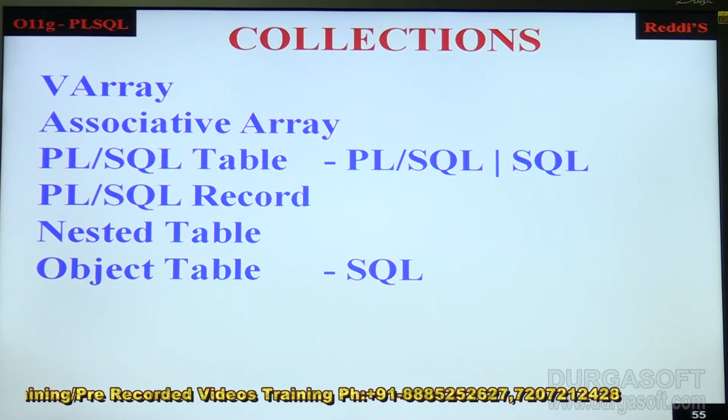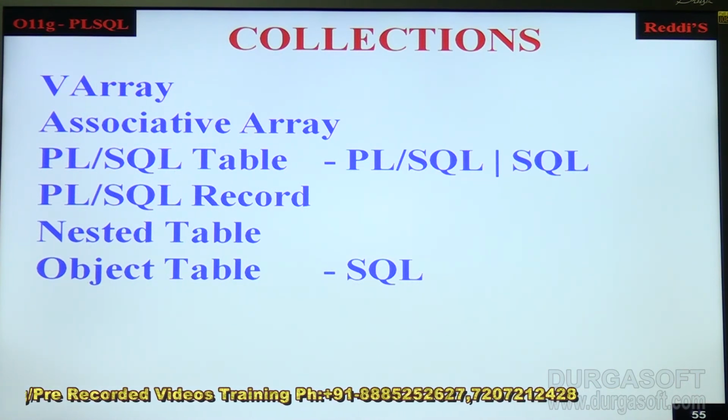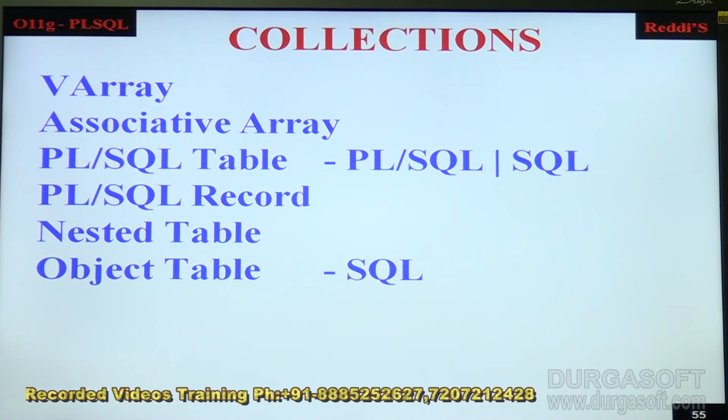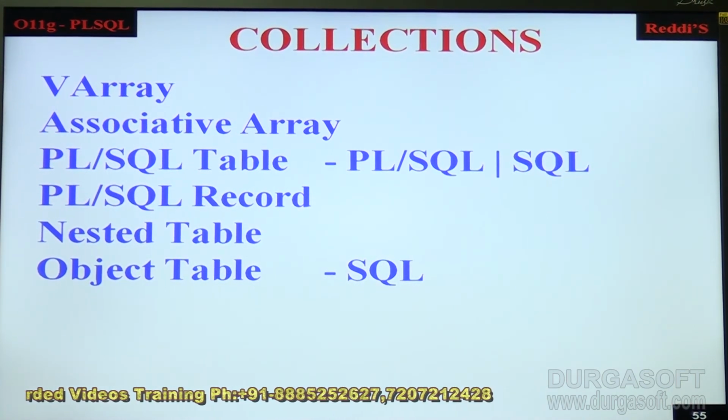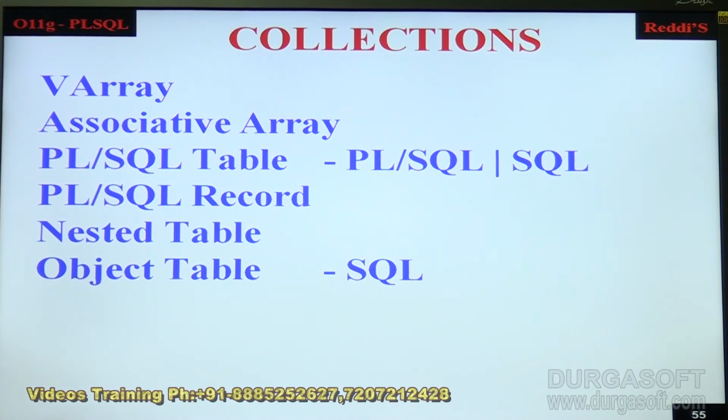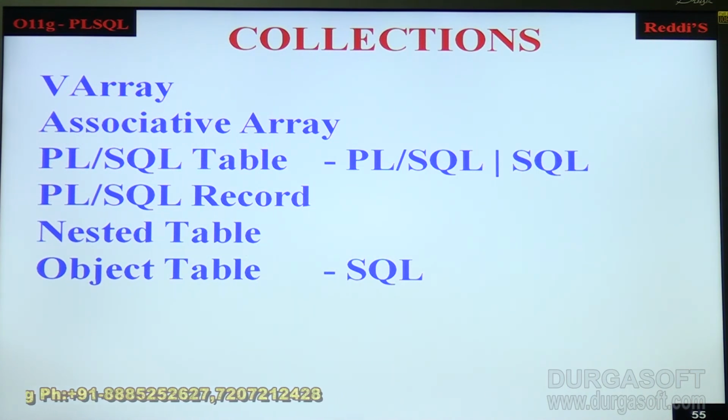We define a table inside another table. Means we define an object, include this object in the main table, and then specify the storage as a nested table. But this nested table will be stored in the database if it is at SQL level. If you define this at PL/SQL level as a PL/SQL table, then it will not be stored in the database. The next is object table, which is at SQL level, which we have already discussed.